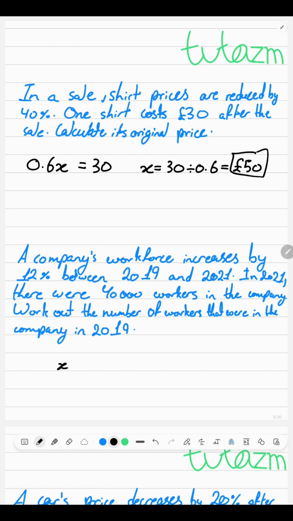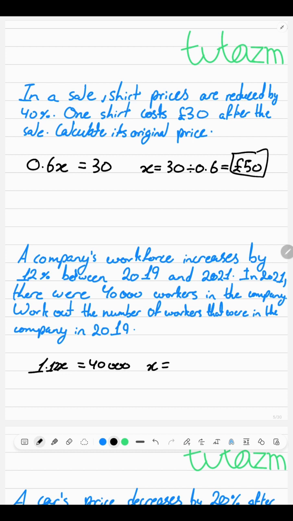And that number is increased by 12%, so we'll add 0.12 to 1, which gives us 1.12. So 1.12X is equal to 40,000.